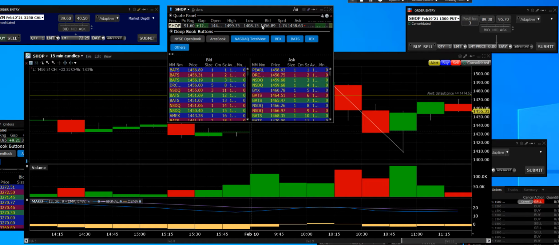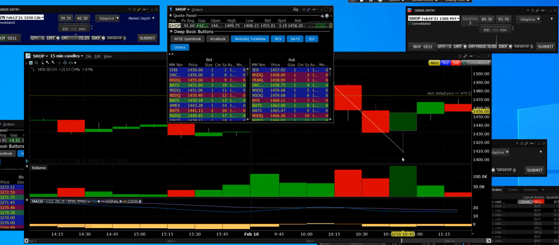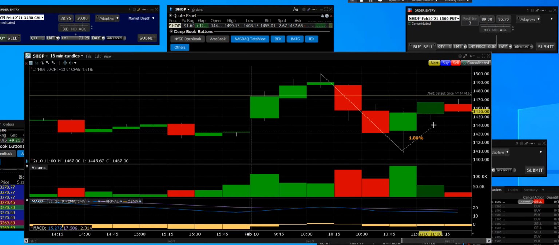So when we establish the dollar price movement of that intraday low bounce to that resistance right there is what we are exactly looking at.